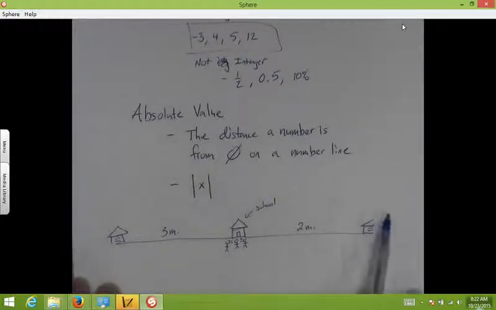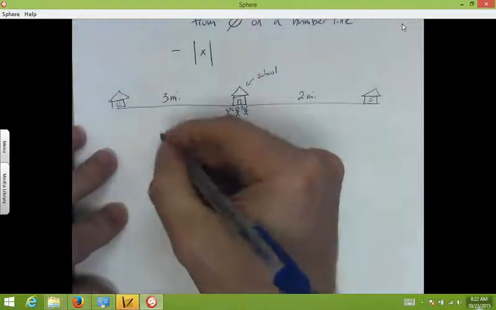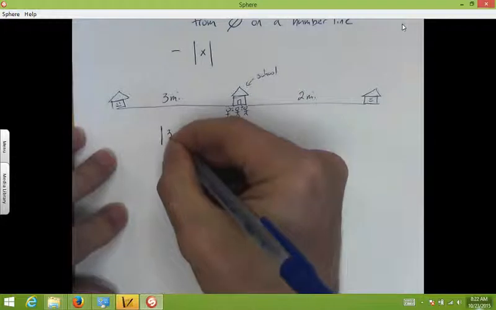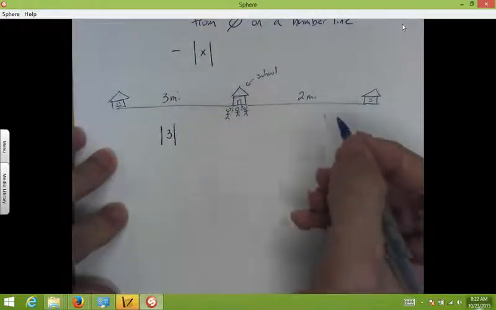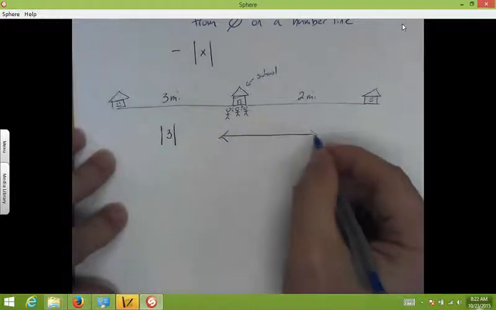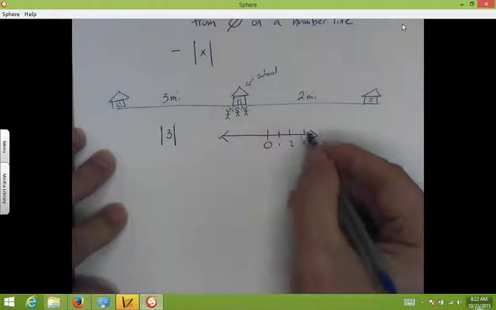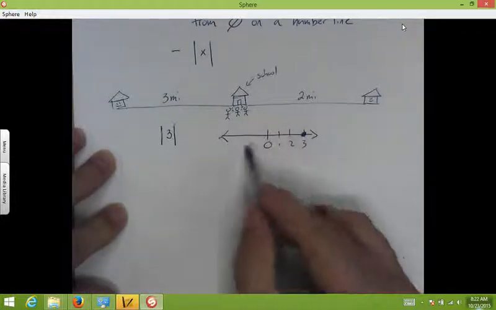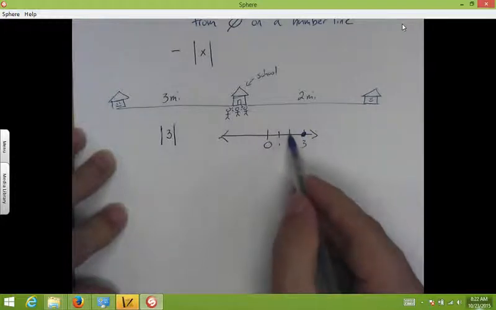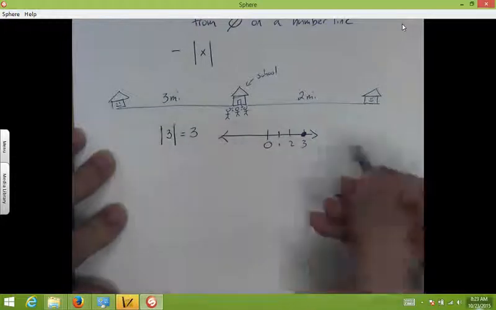Now let me show you with examples what this means. Let's say we're trying to find out the absolute value of the number 3. Well, if I were to graph this on a number line, that's where 3 is on a number line. How far is 3 from 0? 3 places. So the absolute value of 3 equals 3.